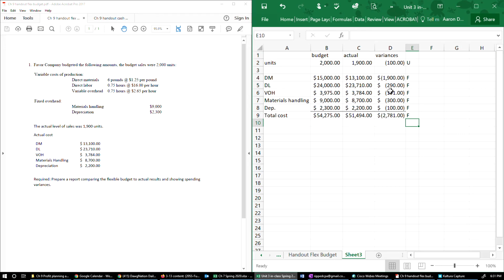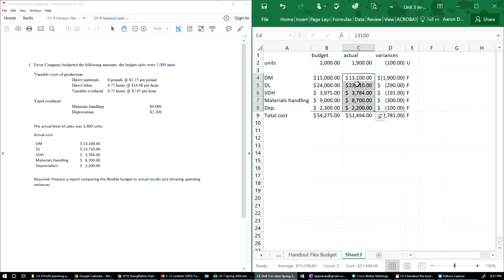So we've created a report, but this report isn't incredibly useful, all right? Because you're comparing a budget, but the budget is based on 2,000 units sold. Well, guess what? The company didn't produce 2,000. They produced 100 less. And you have to think that explains the reason that the costs are generally lower than the budget would indicate.